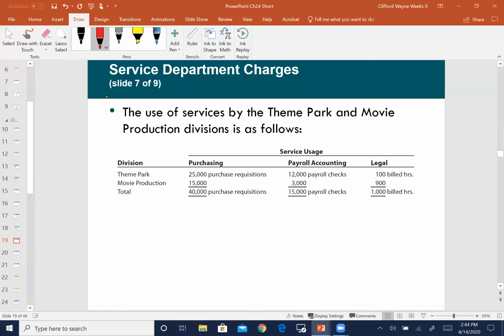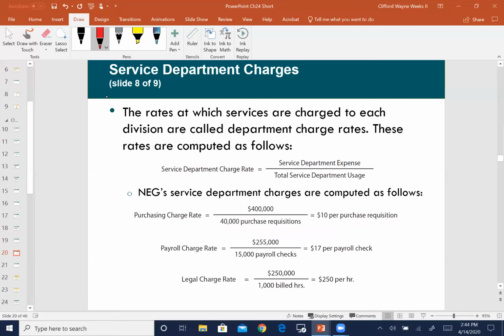We find out that we have 40,000 purchase requisitions from the two different divisions. We have 15,000 employees. We have 1,000 billable hours. They're broken into their weighted averages, or their actuals. What we're going to do is calculate a service department charge rate.